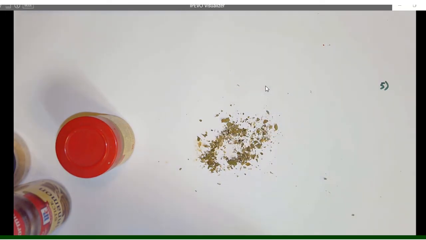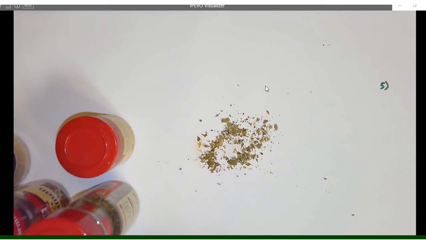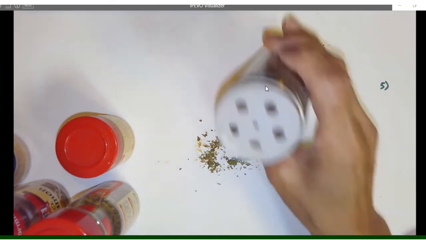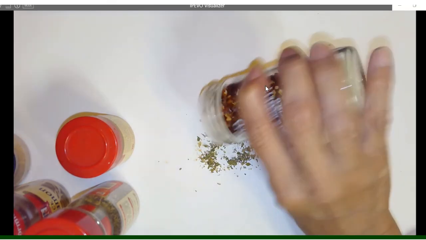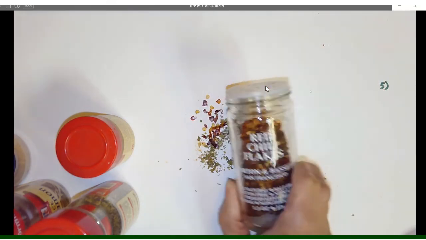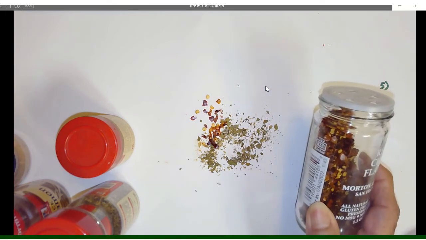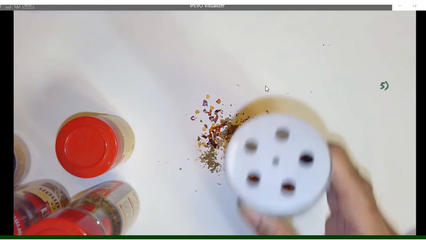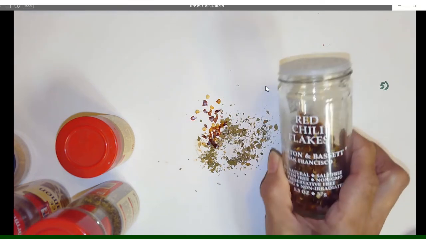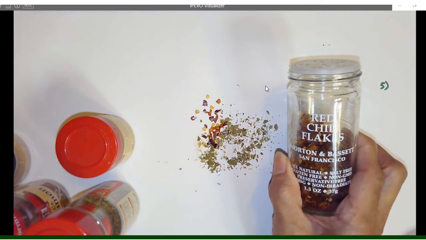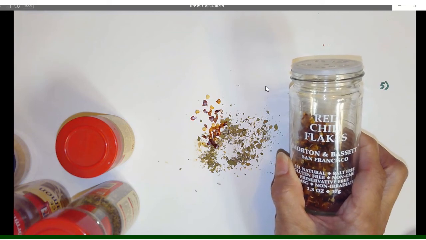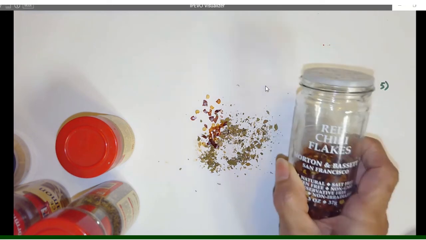Okay? Oregano. And this, last but not least, is one of my favorites, and yours too. These are called red chili flakes. They spice up anything. I could not imagine not having my red chili flakes, especially for my pizza, my pasta, my eggs, everything that requires red chili flakes.